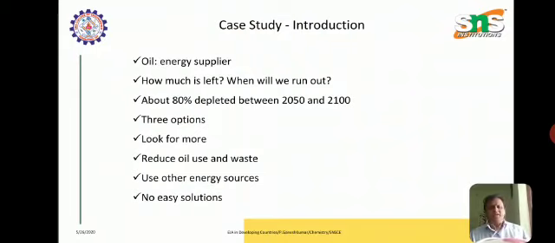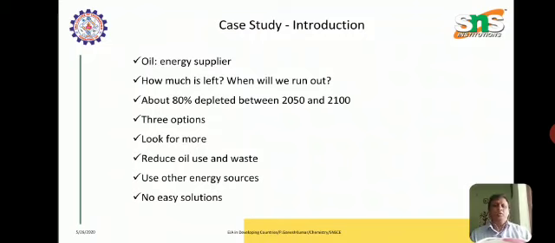Otherwise, we should reduce the oil usage and reduce our waste. Then we can go for another energy resource. Nowadays we are discussing renewable energy sources. In renewable energy there is solar, wind, and a lot of other energies, and we have to look out for these. So there is no easy solution other than this.